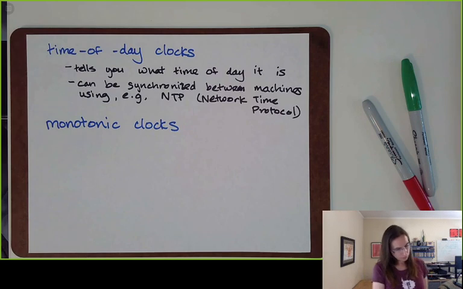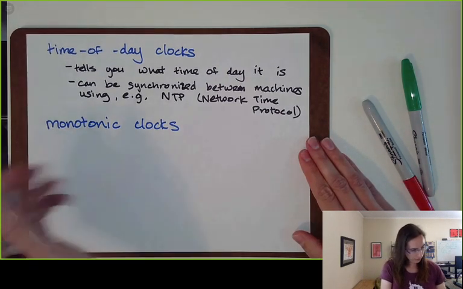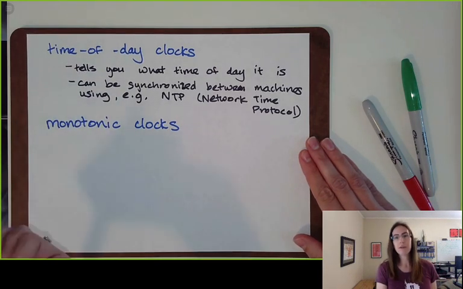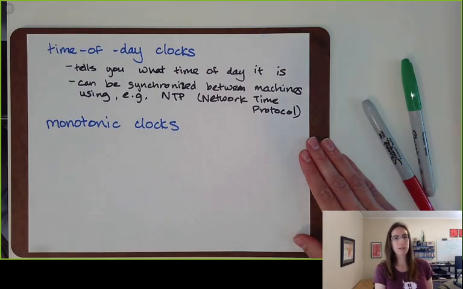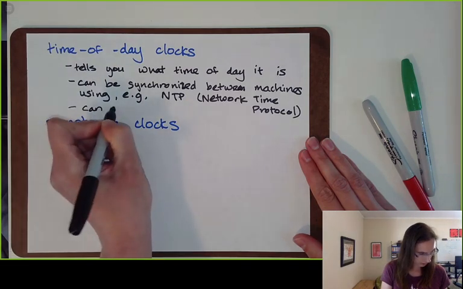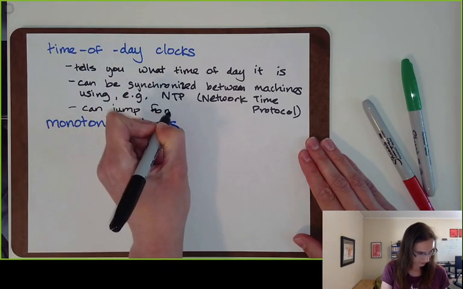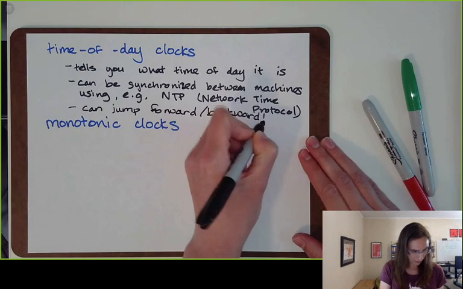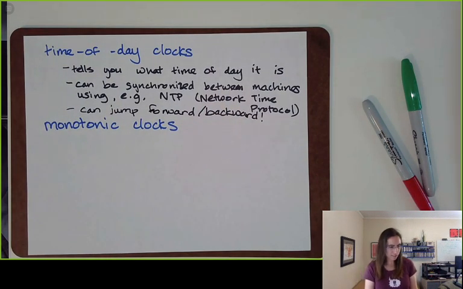So I'm actually going to say that it's not that, but it's actually another reason. The reason why time of day clocks are maybe not so great. Yeah, so somebody just said possible fluctuations, good. So time of day clocks can actually jump forward or backward. This is perhaps a little bit surprising if you think that time is always going to move forward in a straight line. But unfortunately, it doesn't, or at least our ways of measuring time with time of day clocks don't give us that.